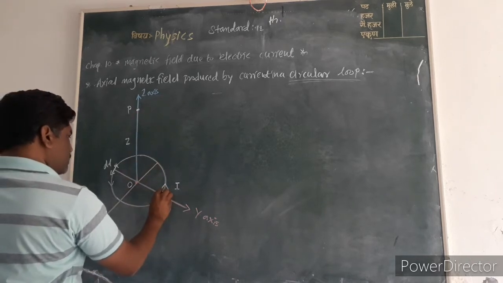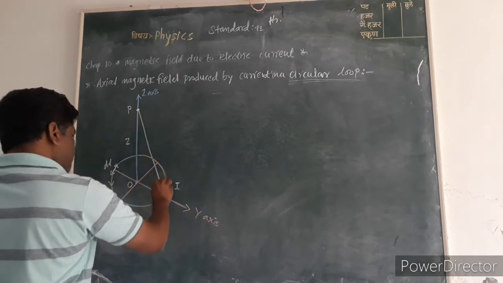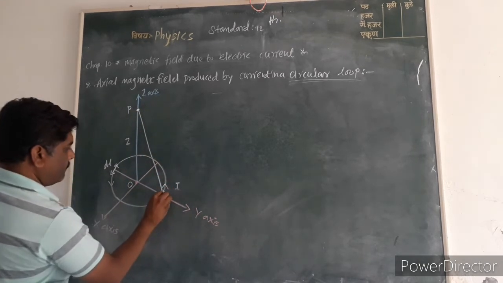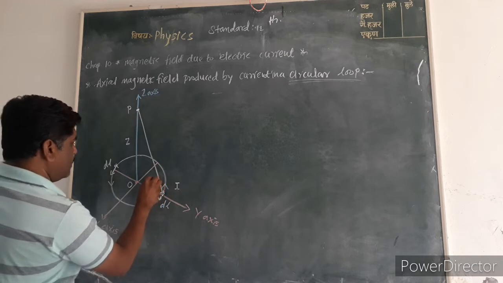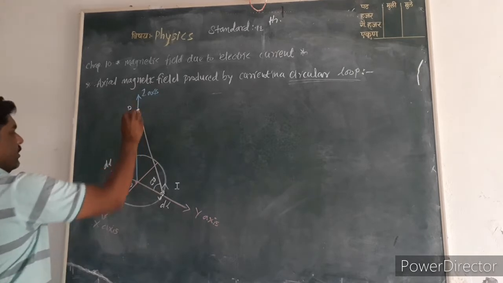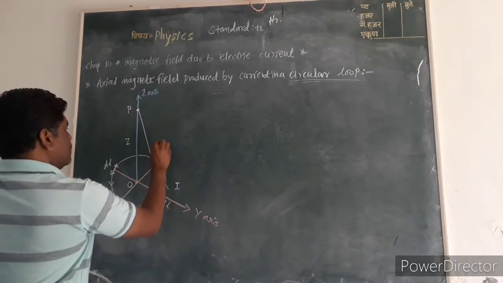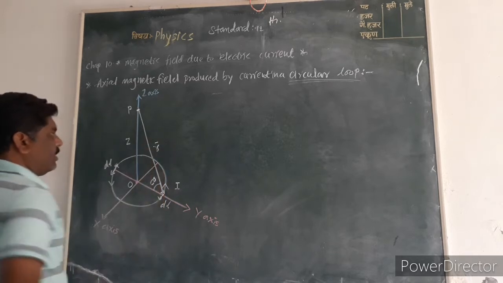Join this length element and point P. Suppose this angle is theta. Join point P and the length element, and suppose this distance is r bar.